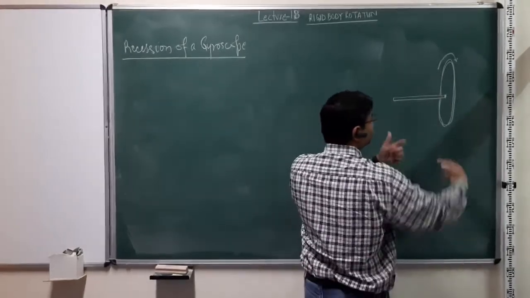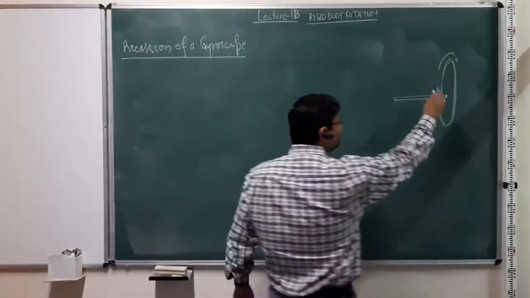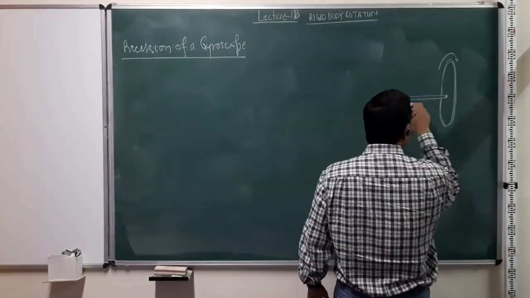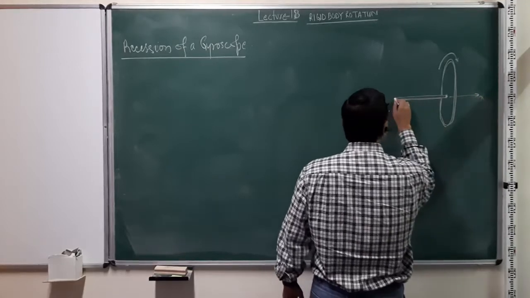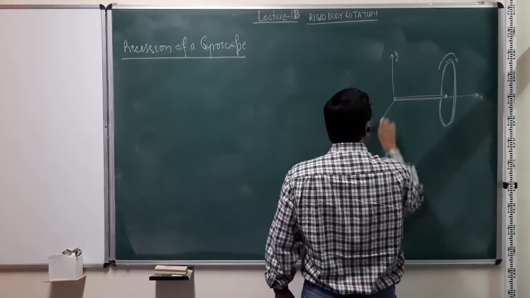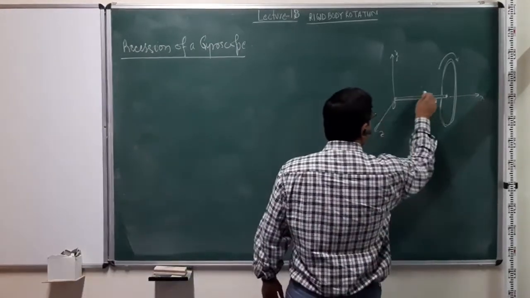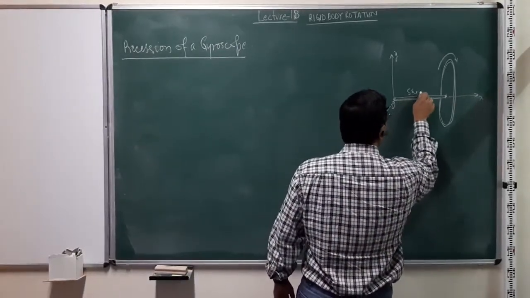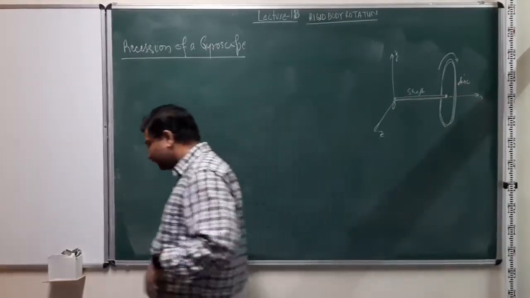So the rotation is in this way, the same anti-clockwise rotation about the axis. So it's free to rotate about this point, about this axis, right? And for convenience I can take this as x, then this will be y, and this will be z, right? So about any origin, a shaft and a disc. Right? This is a simple model for a gyroscope.